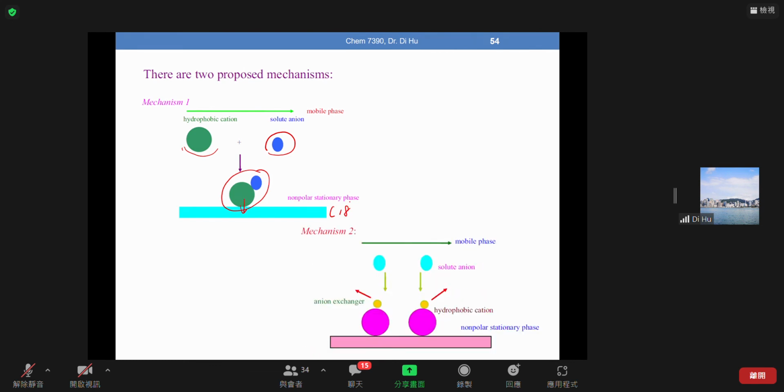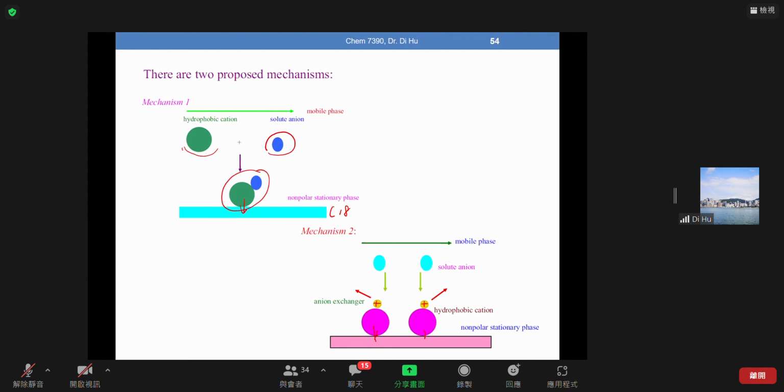In the second mechanism, you can see the counter ion is already retained strongly by the normally neutral stationary phase. The counter ion has its hydrophobic tail already bound to the phase, with its ionic head pointing outside. So it seems like it has a second layer of the stationary phase.